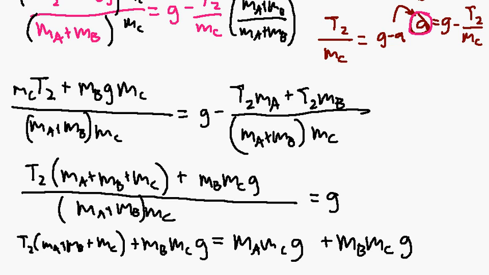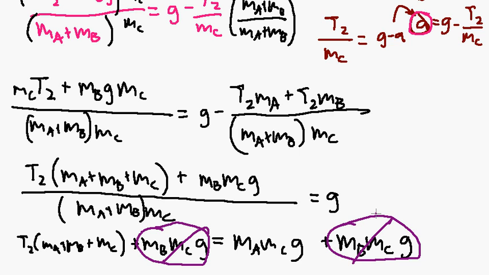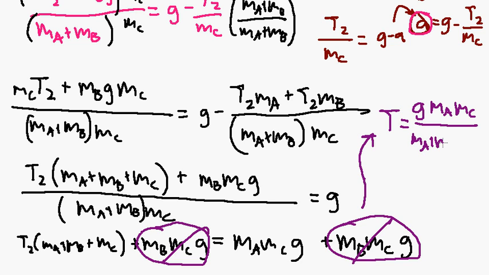So now we can take this and say, and this is where our pain should hopefully end, T2 equals G MA MC over MA plus MB plus MC. Anyway, so, wow. Hope that's right.